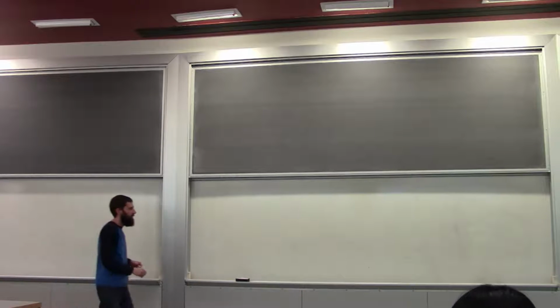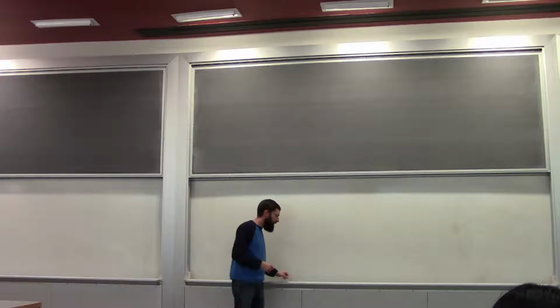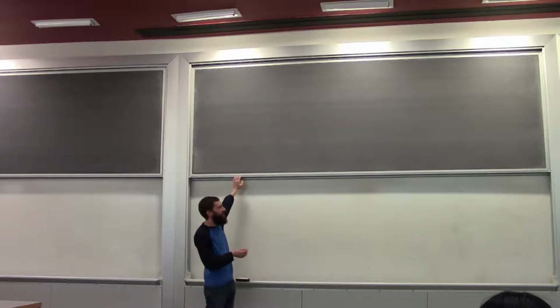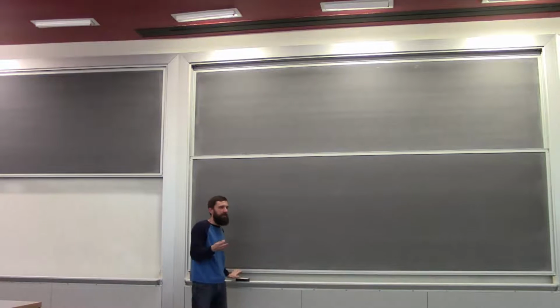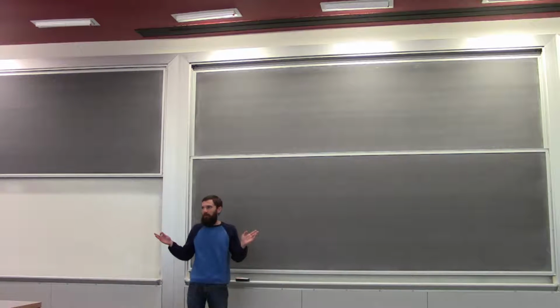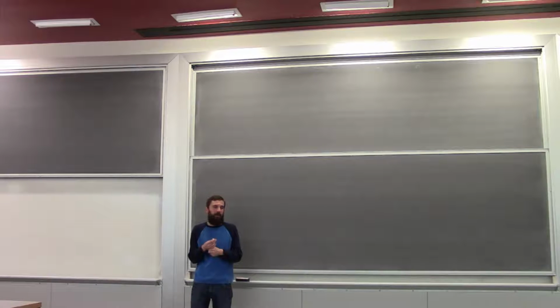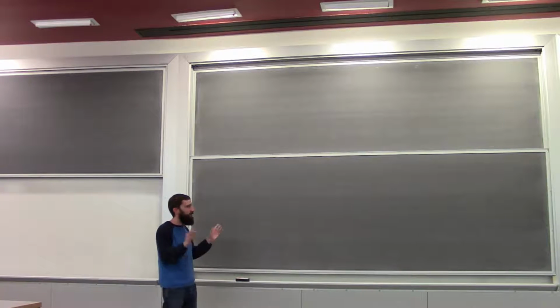So a graphical model is, in theory, nothing new. It's basically just a way of visualizing a probability distribution, a joint probability distribution over several variables. Everything you know about probability still applies, there's nothing new about probability here.